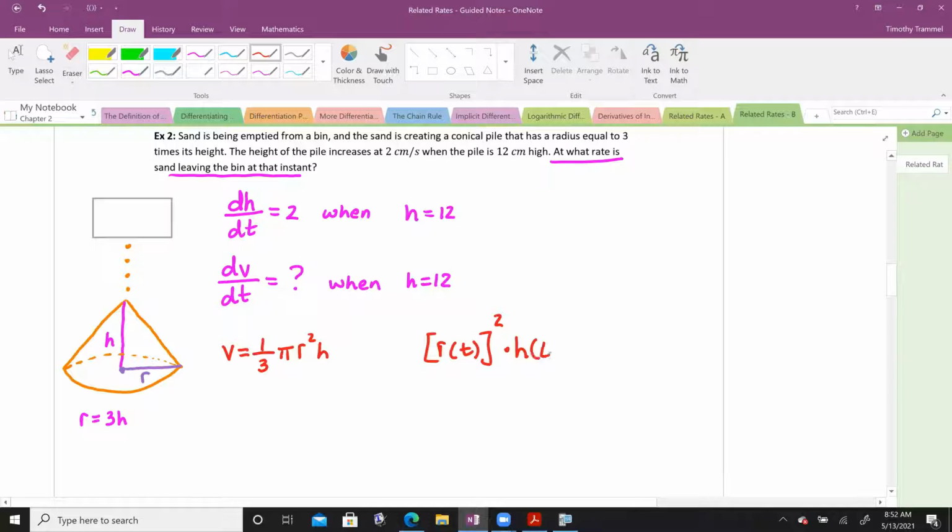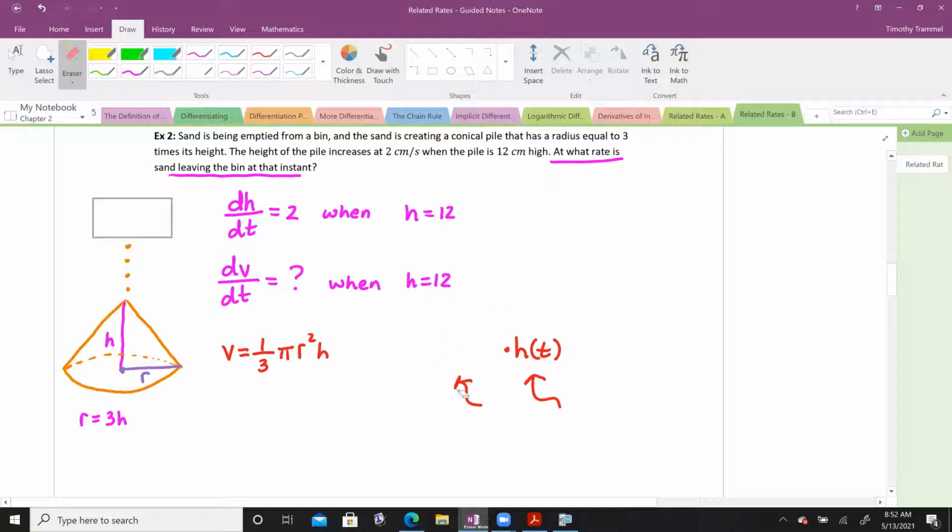What I'm trying to point out is that this is a product of a function of t by a function of t. That would mean if we were to differentiate this, we would need the product rule. While that's not a big deal, it's going to up our chances of making a silly mistake somewhere. The more complicated this is, the more likely we are to make a typo or add wrong or whatever it might be.